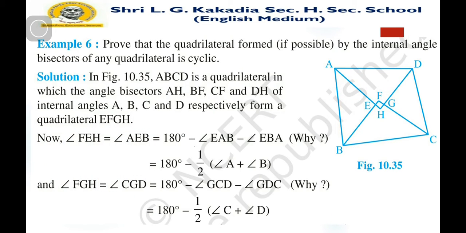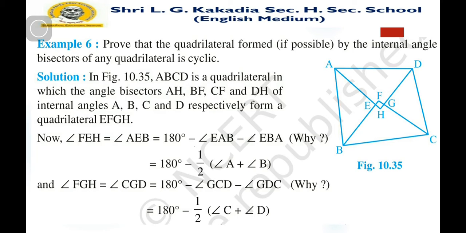Now example number 6, it is a very important example. Prove that the quadrilateral formed, if possible, by the internal angle bisectors of any quadrilateral is cyclic.